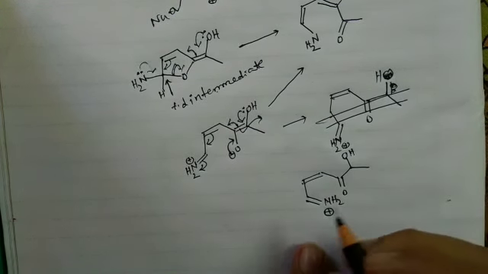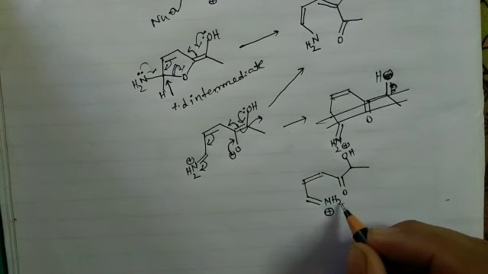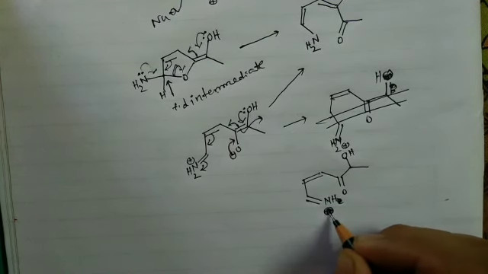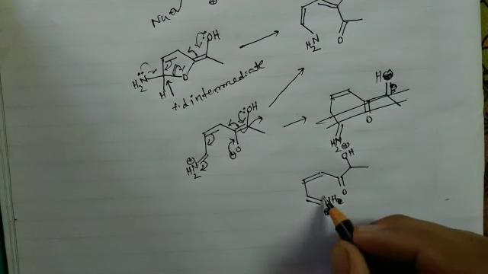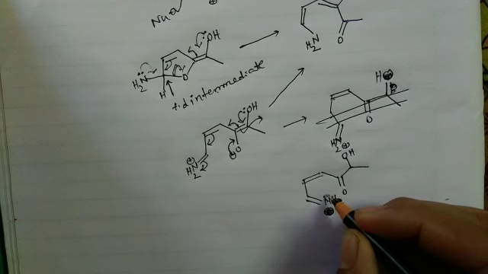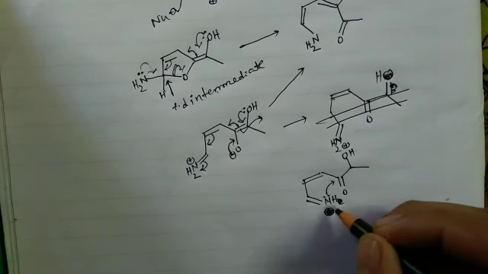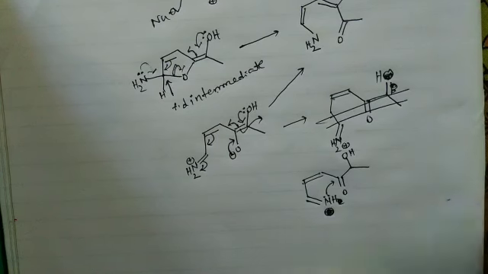But at the same time, if this nitrogen loses one hydrogen also, then it will be in Schiff base form, and this Schiff base is not that electrophilic so that it can attack over here. So if it attacks over here, then again this positive charge will come over here.